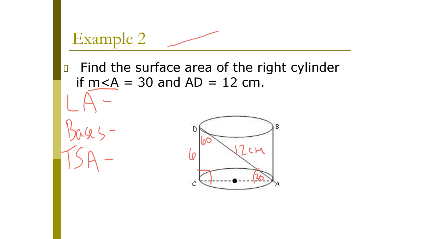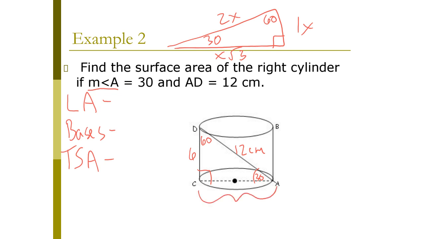We reviewed our 30, 60, 90 the other day: 1, root 3, and 2. Often we have an x with those. So that would mean that the diameter is going to be 6 root 3, which means my radius is half that, 3 root 3.